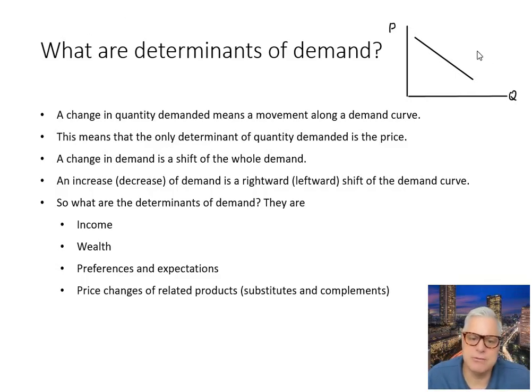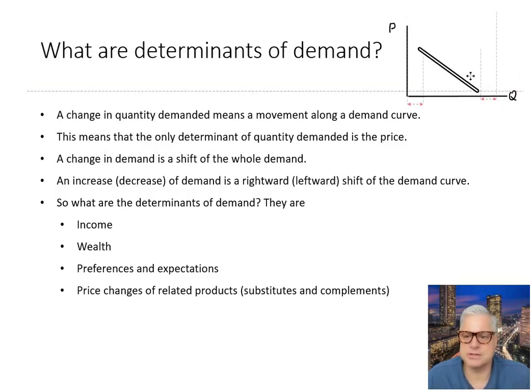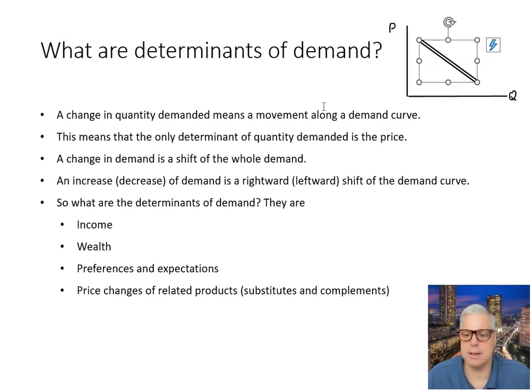When we say what are the determinants of demand, what we mean is what makes this demand curve shift? Whenever this shifts, that is what we call a change in demand.